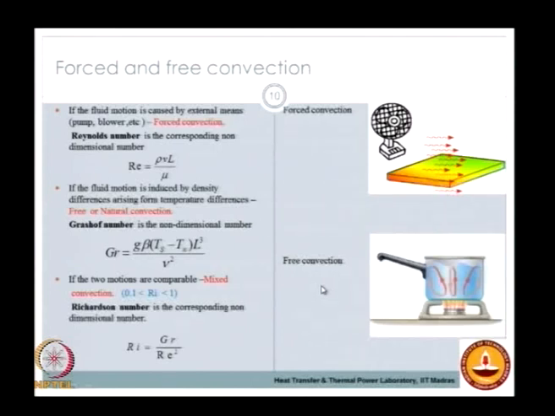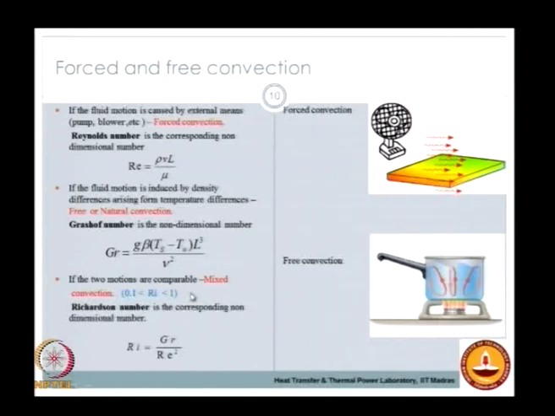Now there are cases in real life where both regimes are equally important, and that is called mixed convection, which is characterized by the ratio of the Grashof number to the Reynolds number squared, also called the Richardson number. Depending on the range of the Richardson number, if it is between 0.1 and 1, this is called the mixed convection regime.